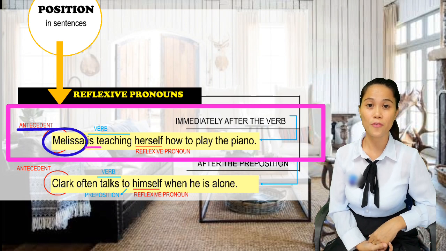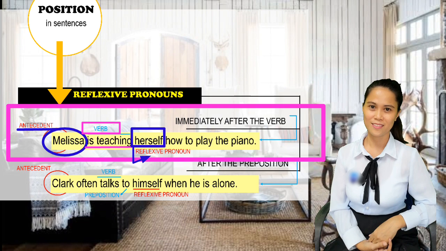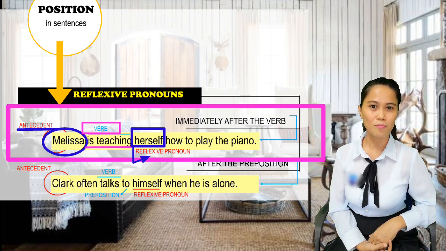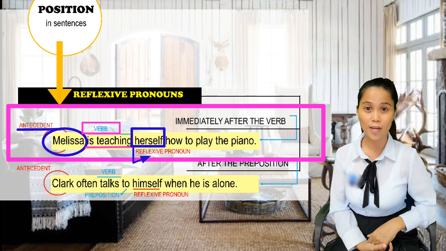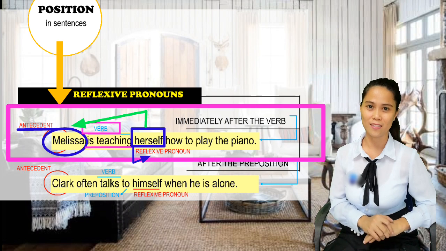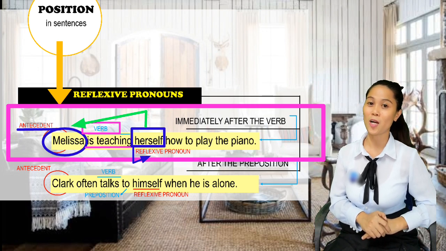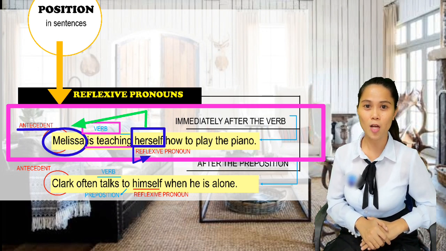Is teaching is the verb. Herself is the reflexive pronoun. Who is teaching Melissa to play the piano? Herself. There is no other person who teaches Melissa how to play the piano but herself. This reflects back to Melissa, who is the antecedent. Herself here is found after the verb is teaching, so it's actually a direct object, the receiver of the action.